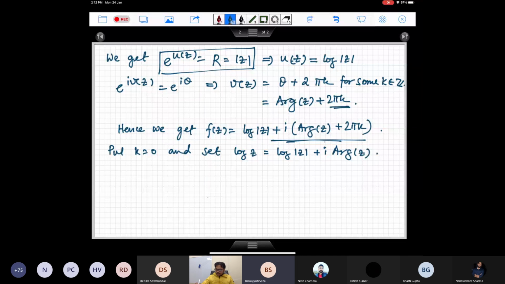Here, of course, remember my argument is the principal argument, so this belongs to minus pi to plus pi, one side open, one side closed. Okay, great. Now I have got a definition which one can work with. And of course, from the construction itself, if I take e power log z, I am going to get z.